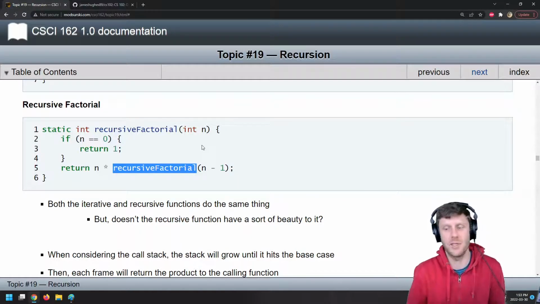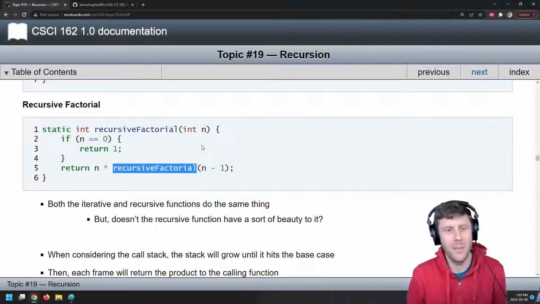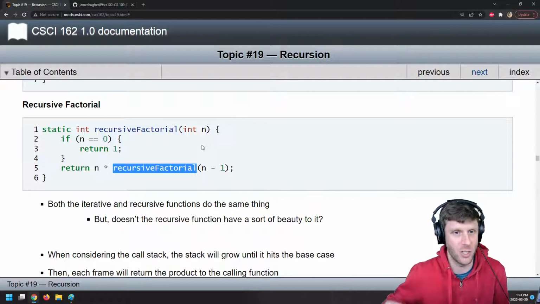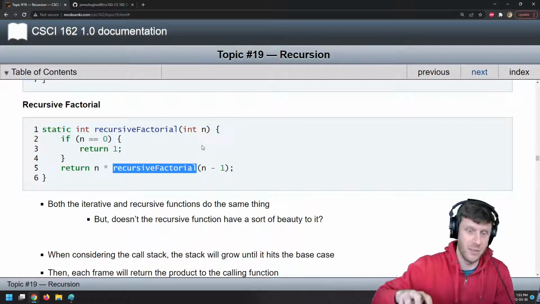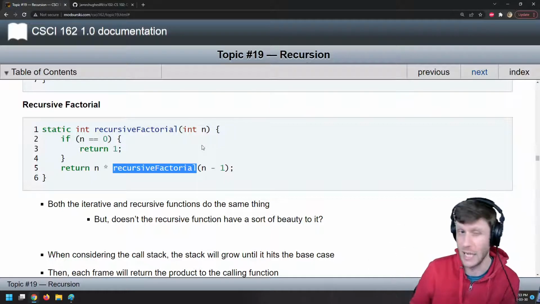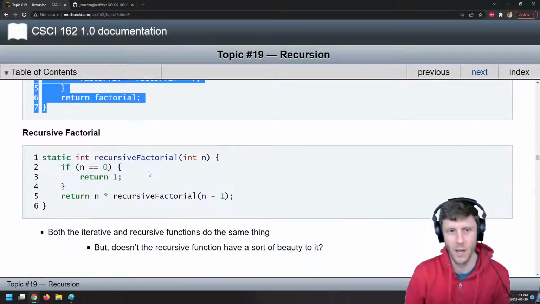Every single time there's a function call, there is overhead. There's an amount of work that Java has to do to create the call frame, to store the values, put it on the system stack. There's some work being done that you don't have to do iteratively.